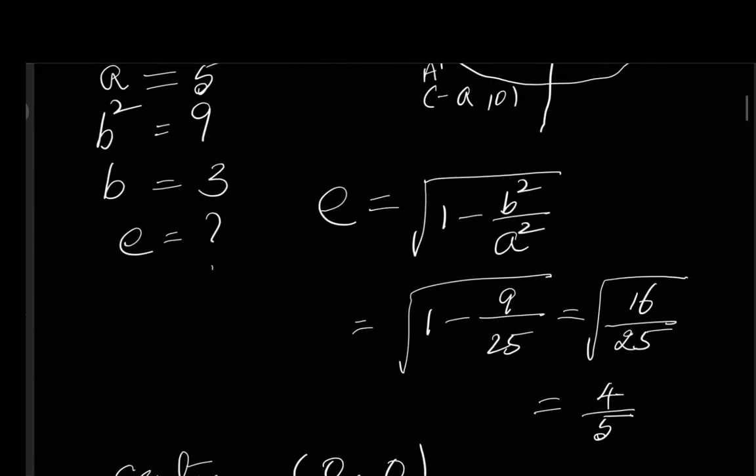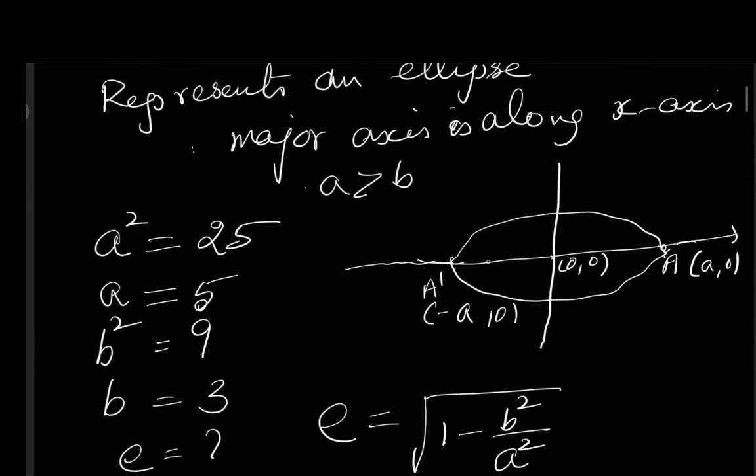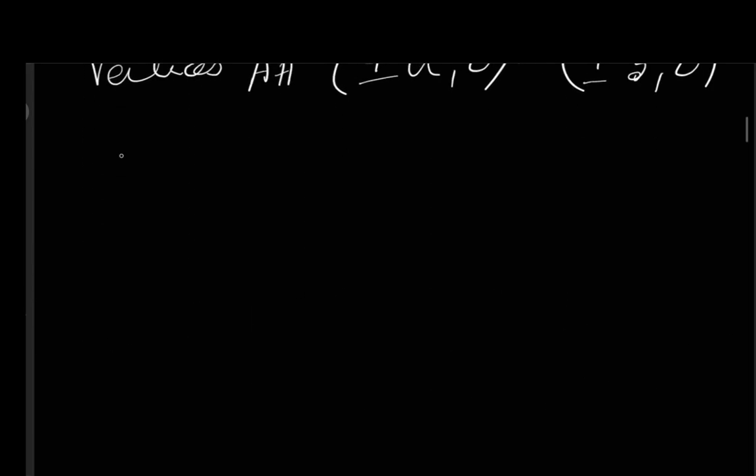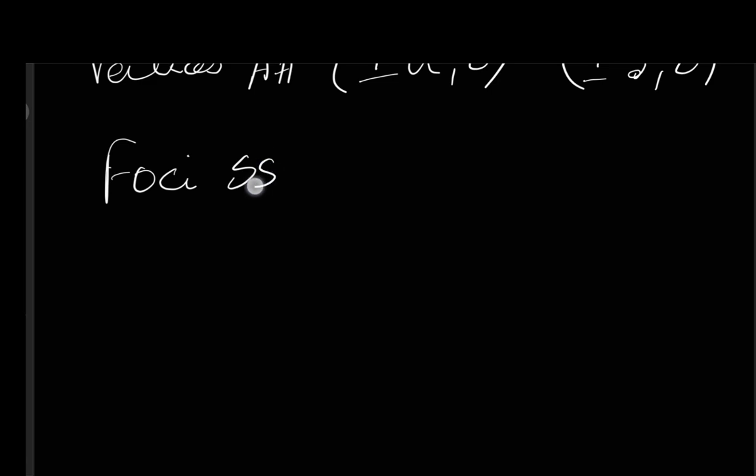Next, we have to find foci. So foci is also on the major axis S dash. That is AE comma 0 and minus AE comma 0. Foci. S dash, that is plus or minus AE comma 0.